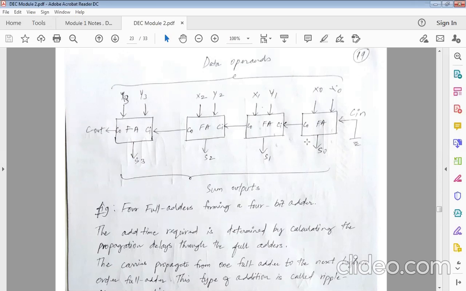No. See, this is local. Okay, I understood your question. Just like how we used for the mux, inside I had I0, I1, I2, I3, but externally I was using A, B, C, D, right? So this one is the carry in and carry out of this local full adder. Understood? Once this comes out, it will get into the next stage full adder.